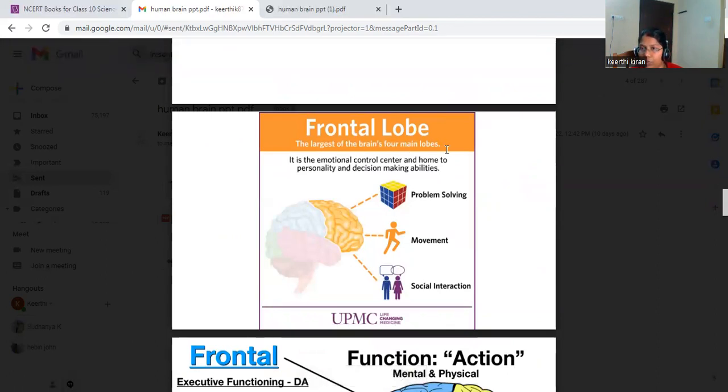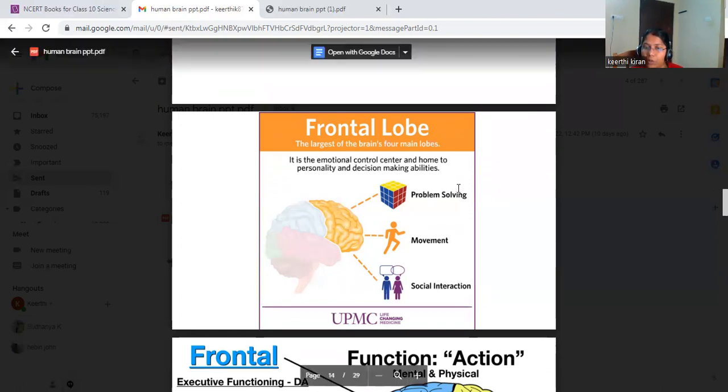It is an emotional control center and home to personality and decision making abilities.